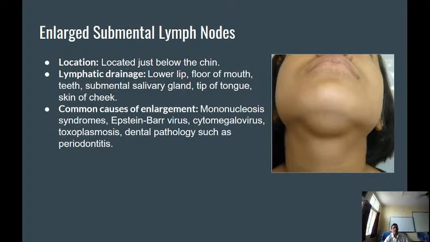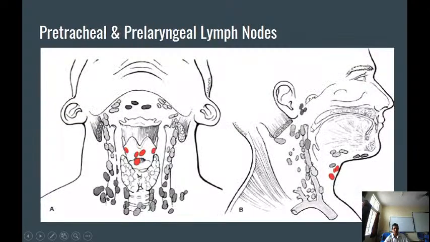Now, enlarged submental lymph nodes. We saw in the submental region, you have these lymph nodes, and they get infected mostly because of infections in the teeth and the oral cavity. There are ulcers in the oral cavity. So the lymphatic drainage is into the submental region, and so the submental lymph nodes are the ones which get enlarged.